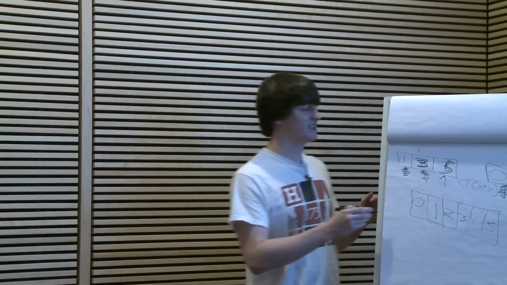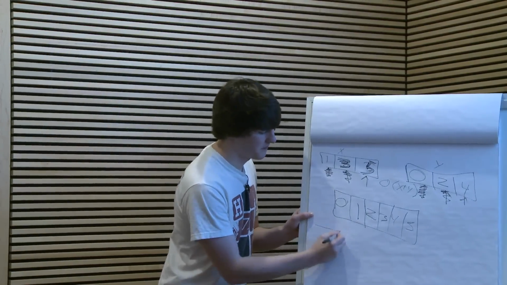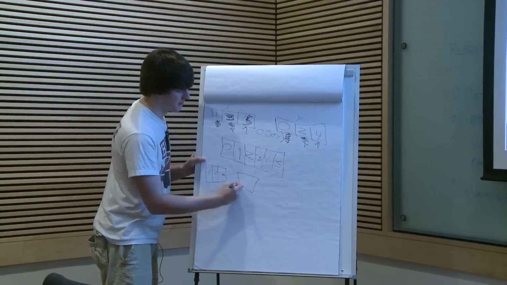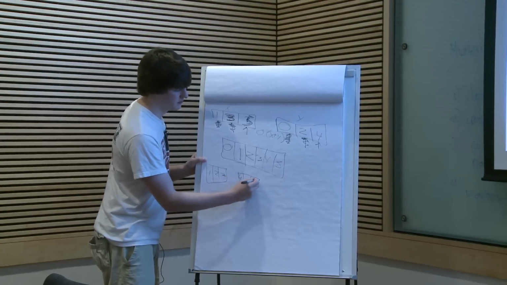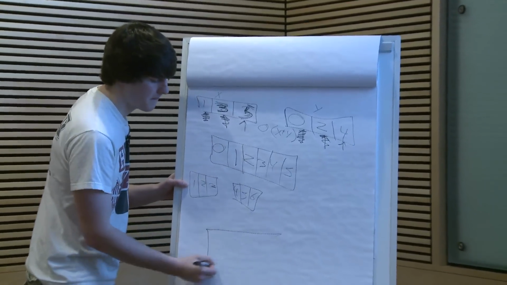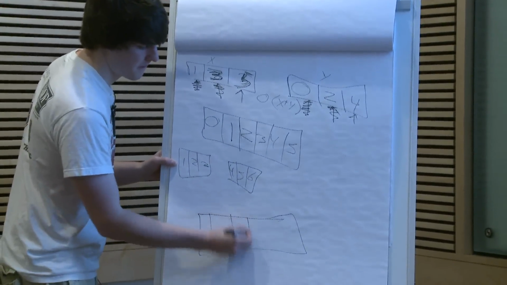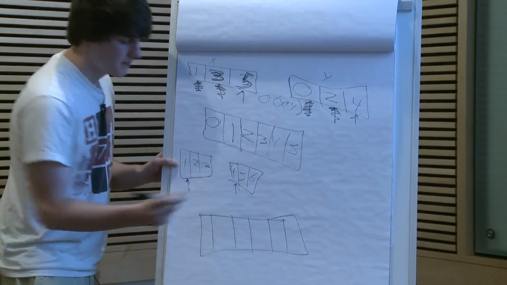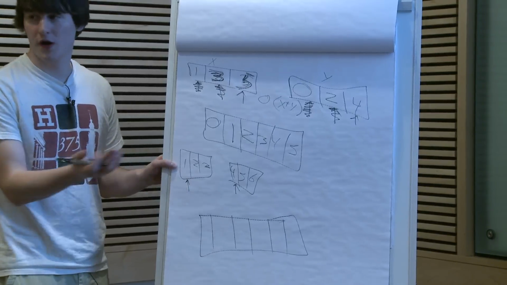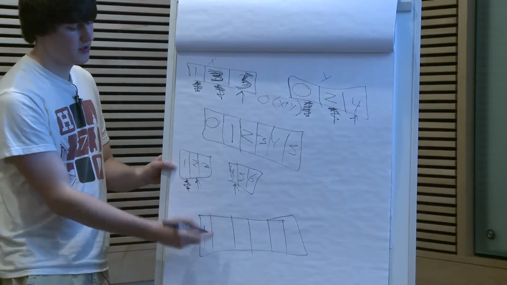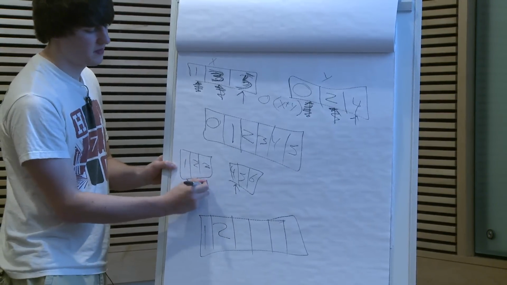A couple things to worry about: let's say we were merging 1, 2, 3 with 4, 5, 6. In this case, the left one is going to be smaller, so we update this pointer. This one's going to be smaller, update this. This one's smaller.